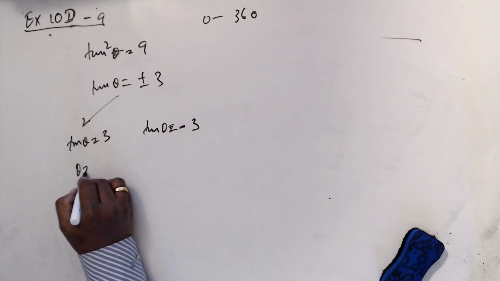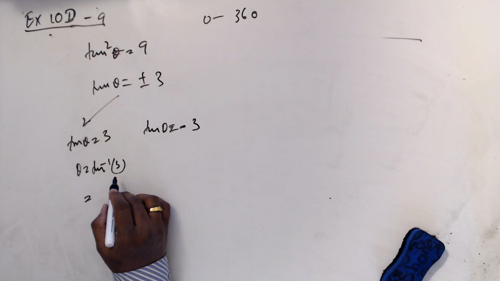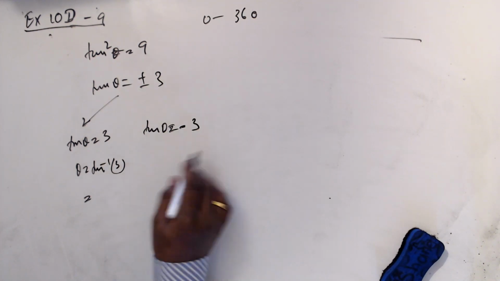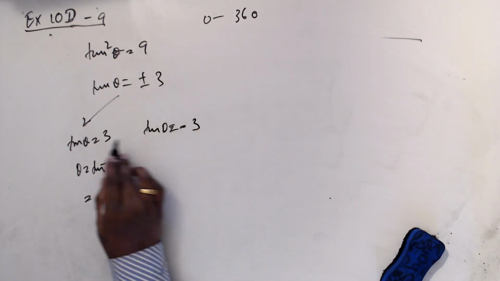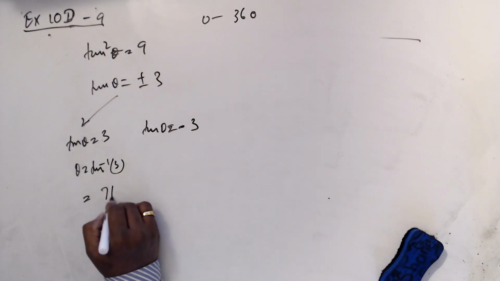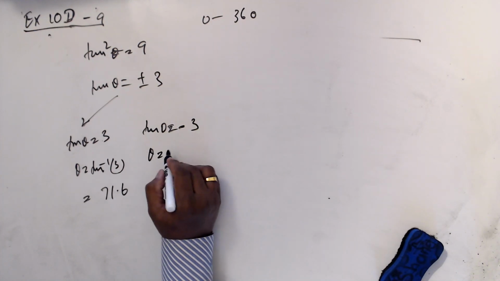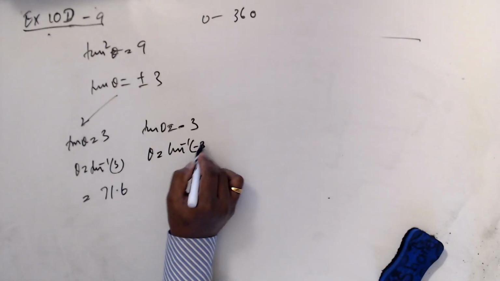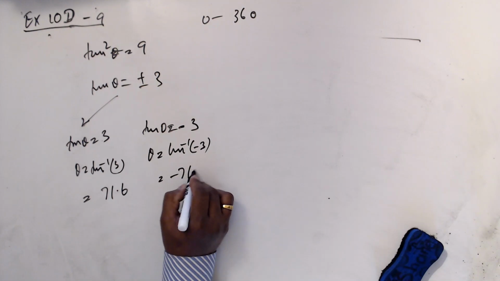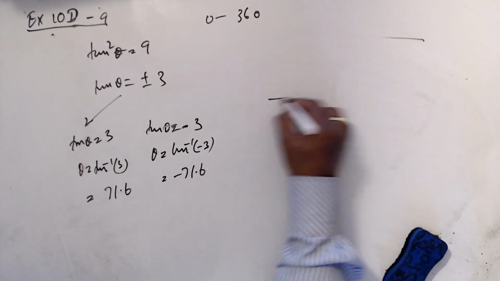So theta equals tan inverse 3. So we can work, since both sizes are the same, we will get 71.6. If we take theta equals tan inverse of minus 3, then this is minus 71.6. So we can work everything in one.